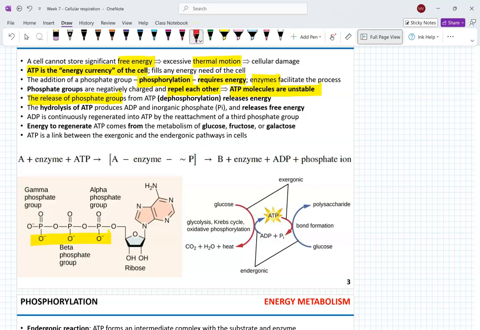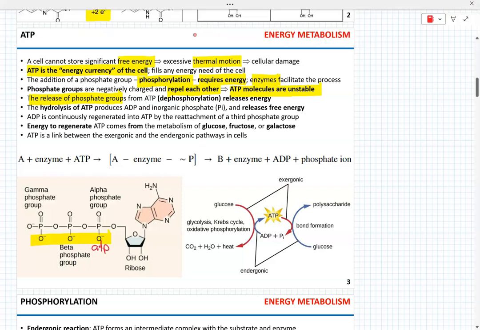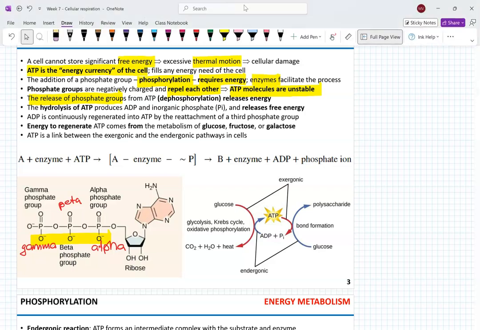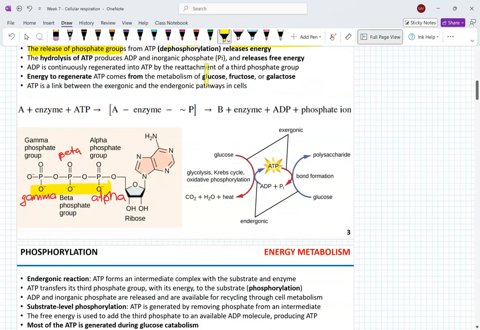So this is the alpha group, this is beta, and this is gamma. The release of gamma and, to a lesser extent, beta groups also releases a significant amount of energy.